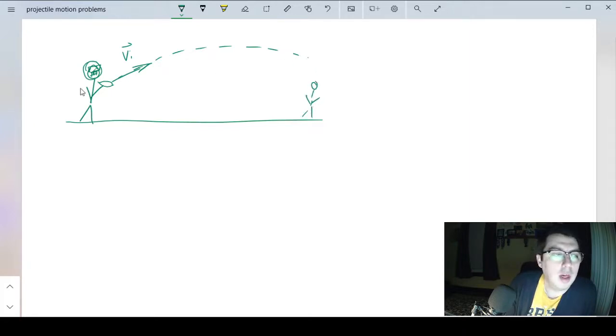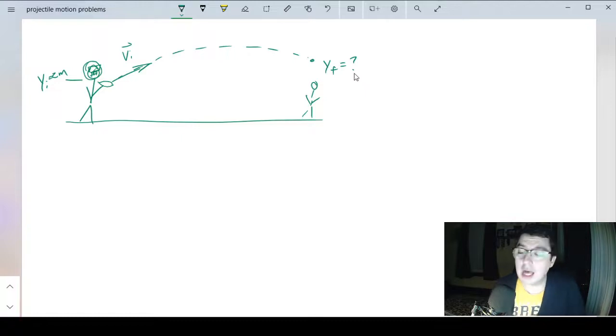And we know that the initial height, y initial, is 2 meters off the ground. We don't know what y final is. We are assuming that it's higher than what the receiver can reach because we are told in the problem that the receiver cannot catch the football.